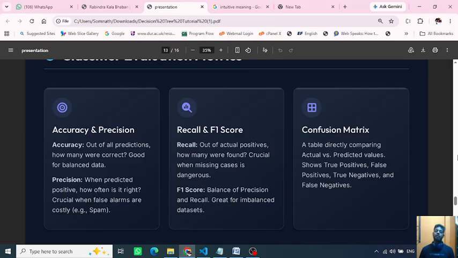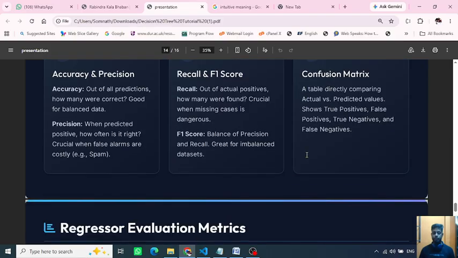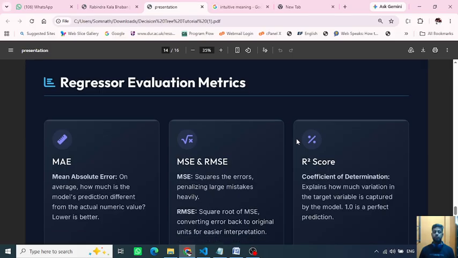And last one, the confusion matrix, a table directly comparing the actual and predicted values. So the true positive, false positive, true negative, and false negative, so that you can decide how your model behaves.